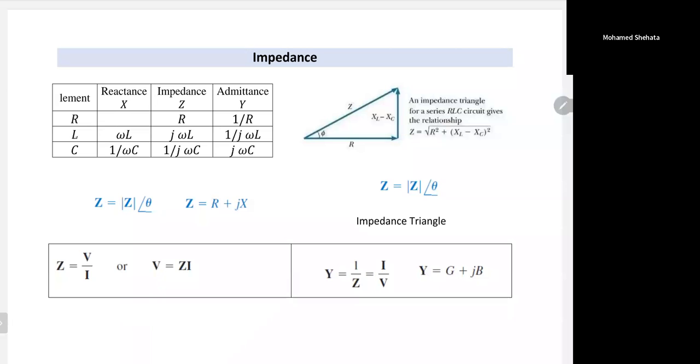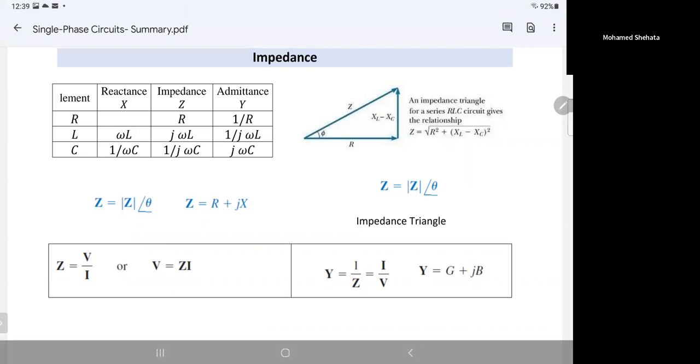If it's an inductance, the reactance will be omega L, and the impedance will be equal to j omega L. If you have a capacitor, the impedance is 1 over j omega C. So you have to remember how we calculate the impedance of the inductance, j omega L, and of the capacitance, 1 over j omega C. Obviously, the impedance of the inductance and the capacitance depend on frequency.